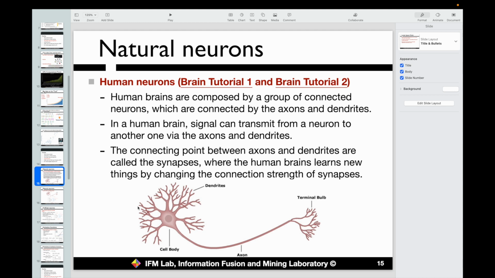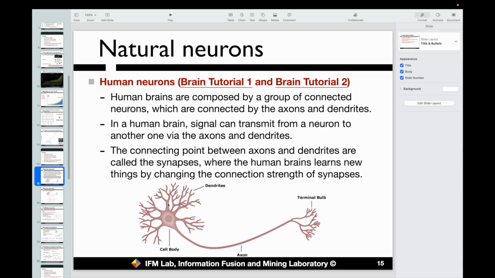Given the inputs from other neurons transmitted to this neuron, it will combine all the inputs together. If the input signal is strong enough, like larger than the membrane potential, then this neuron will fire one spark. In other words, this neuron will be activated and send the signal to the following neuron.